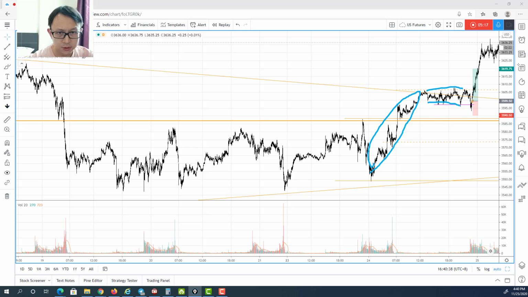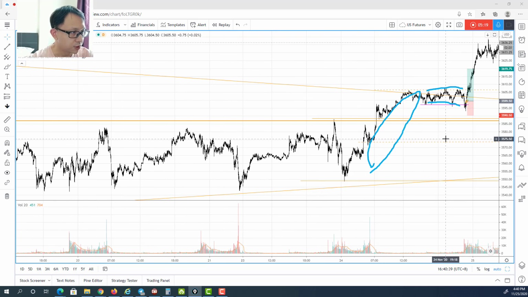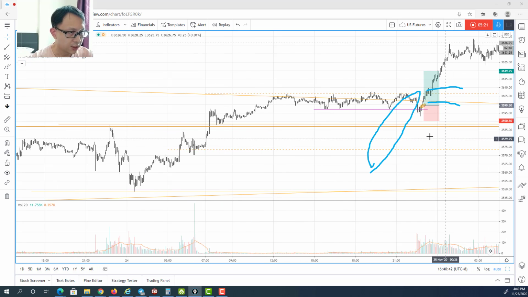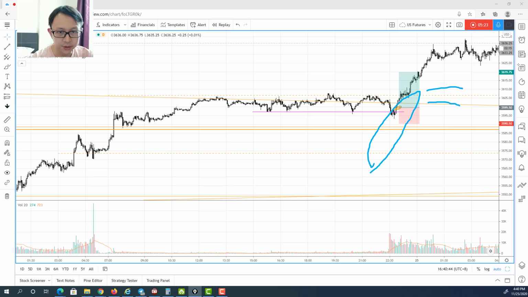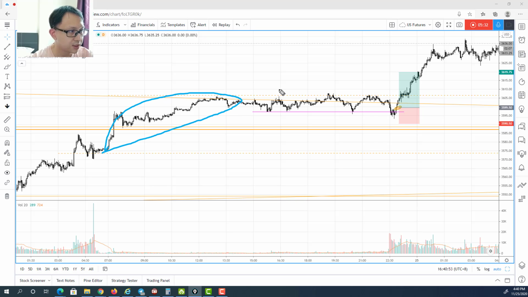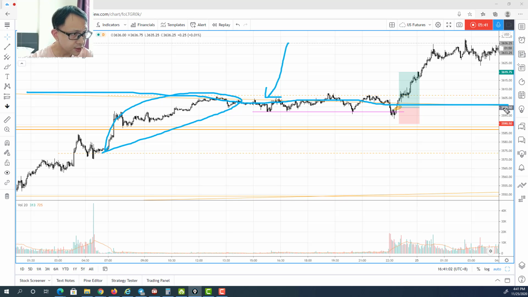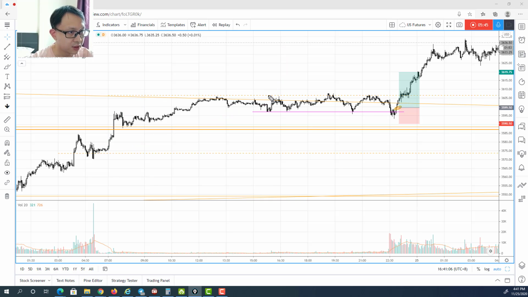So let me just give you a bit of context. That's the Globex period. So we see that during the Asian session we have a rally, and the rally actually just hit this supply line from the symmetrical triangle, as annotated in this orange trend line here. So you can see that subsequently it didn't really have a lot of reaction down.